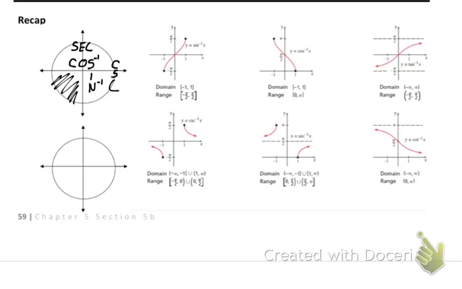With cotangent, we just have to write cotangent, and that gets us our domains of our cotangent and our tangent inverses. So we really just got to remember cosine and cotangent.